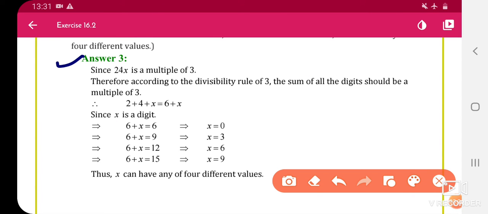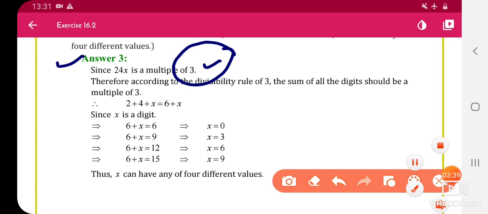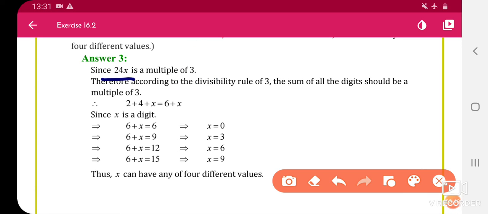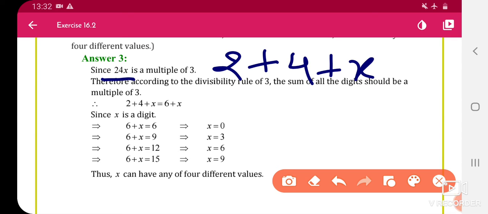Firstly, 24x is a multiple of 3, so we use the divisibility rule of 3. The rule of divisibility by 3 is that the sum of all digits comes in the 3 table. So we add 2 plus 4 plus x. 2 and 4 is 6, plus x.